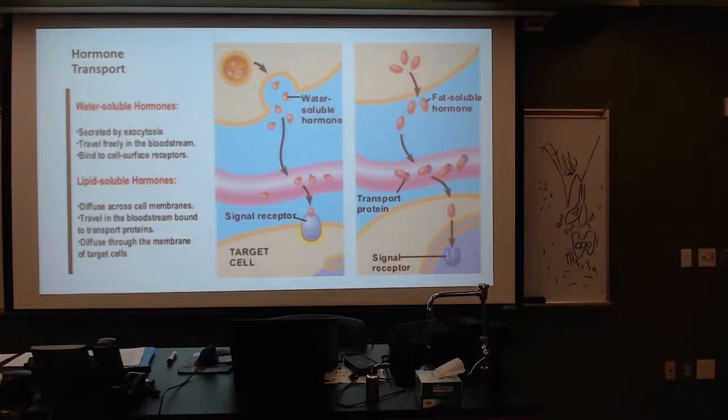It got to move through the plasma membrane. Does everybody see that? But why? What is the structure of the plasma membrane?